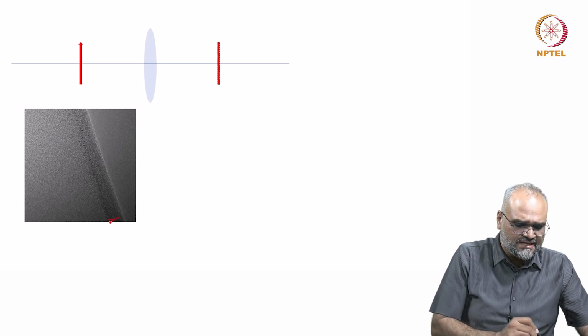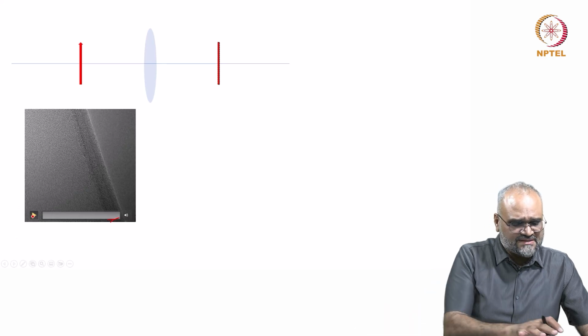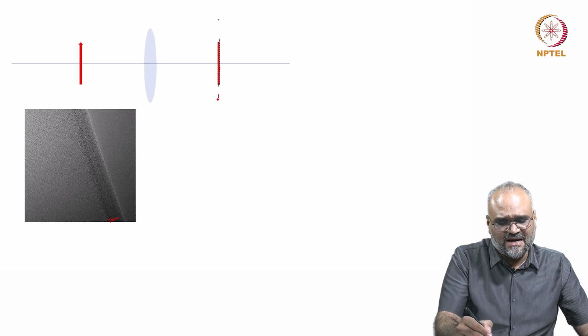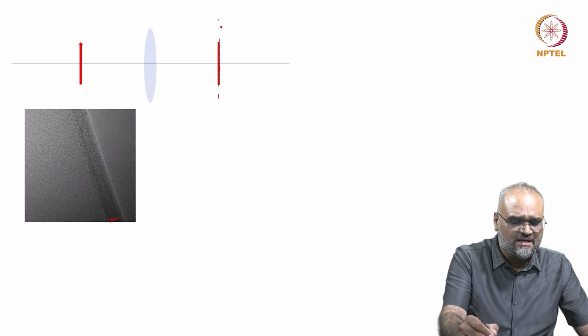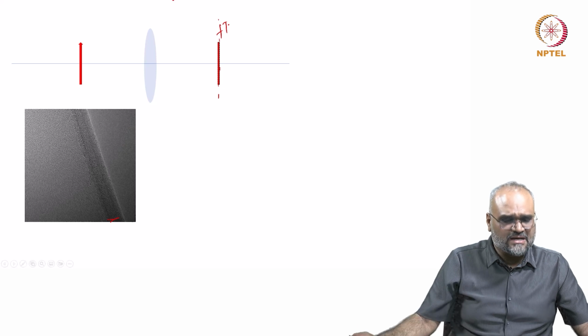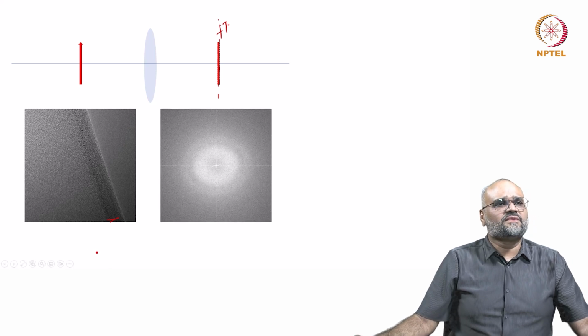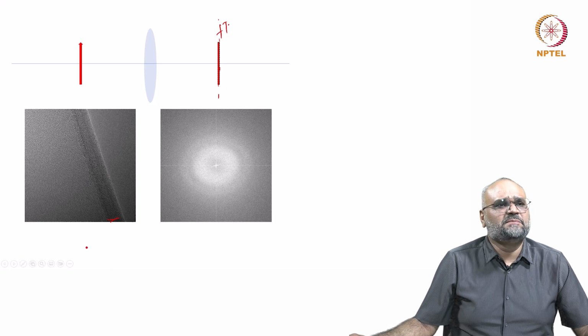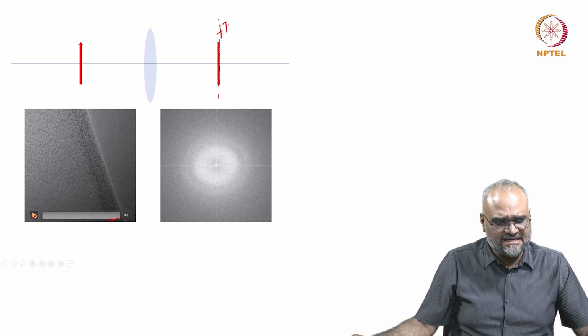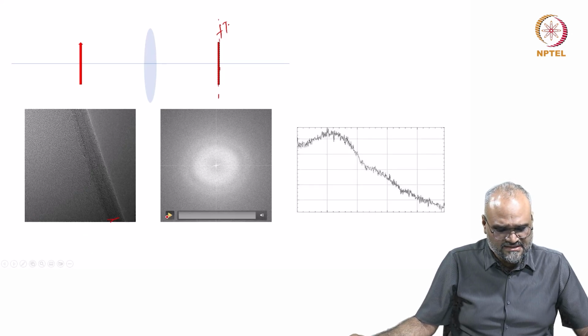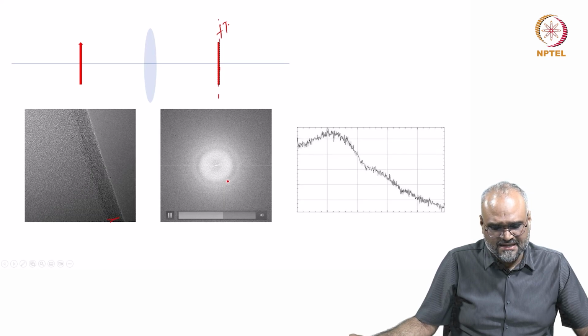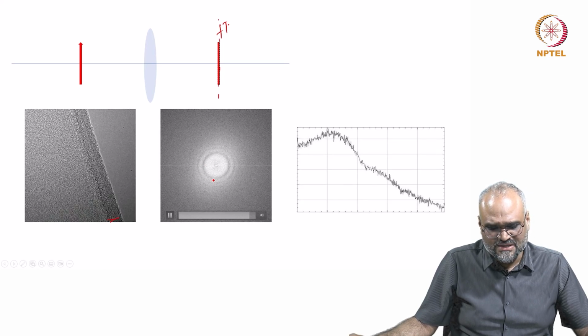What you see here is only certain variation in the thickness. Now, if this electron wave is going through the lens, I would obtain some kind of information at the back focal plane which can be related through the Fourier transform. So, if I look at the Fourier transform of the amorphous material at the back focal plane, what I see is when I change the focus, I am actually varying the spatial frequencies here.